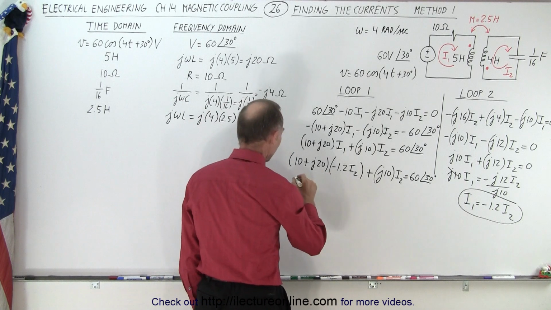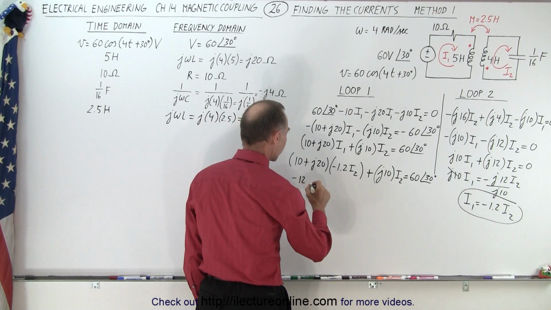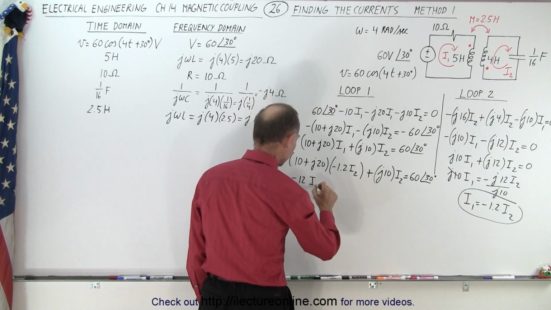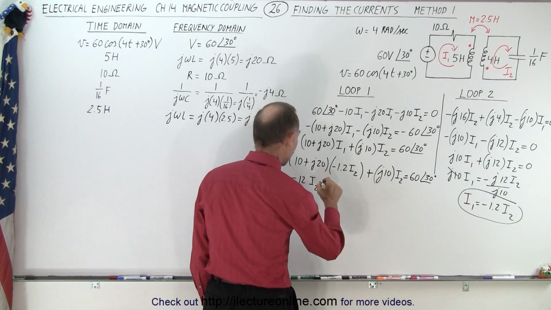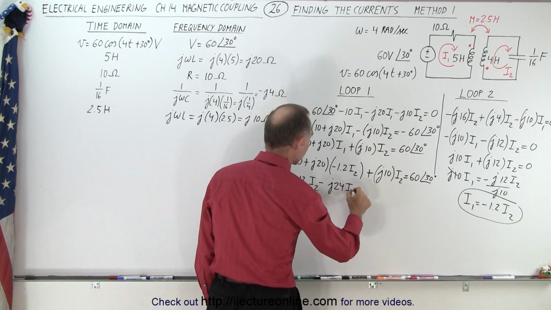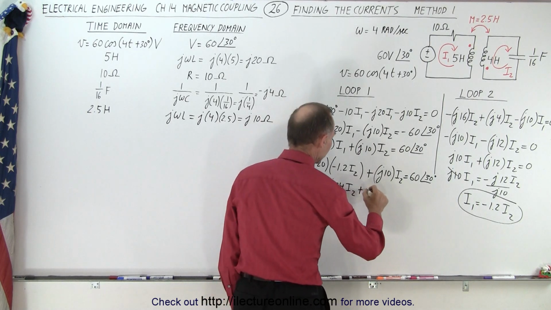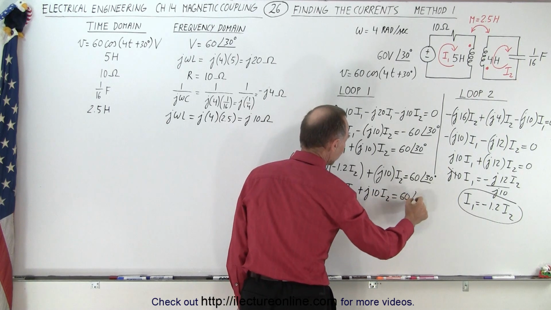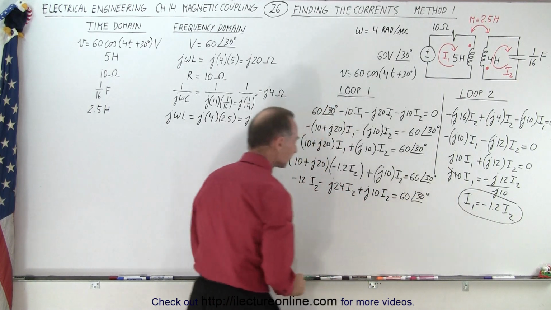So here we have minus 12 I2. Here I have minus j24 I2 plus j10 I2 equals 60 with a phase angle of 30 degrees.